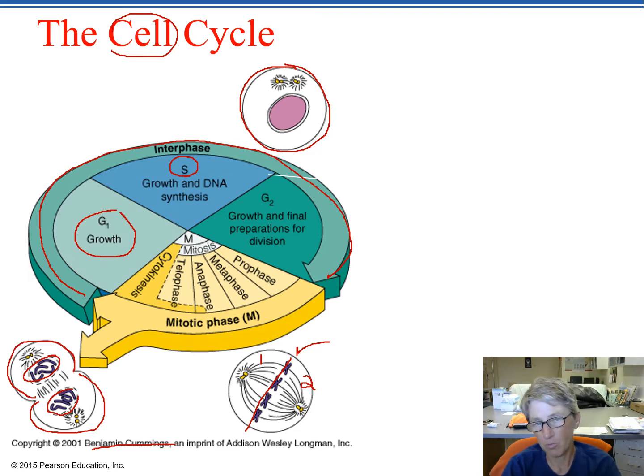Another word for that is you're synthesizing a second set of DNA so that each daughter cell gets a set of DNA. And then the other subphase within interphase is called G2. You're still growing. You can see in all these interphases you're growing your cell. And then in G2 you're making the final preparations for cell division, aka mitosis, or the mitotic phase.